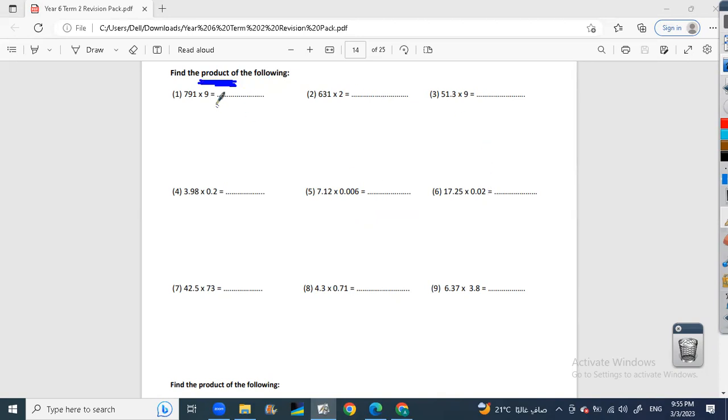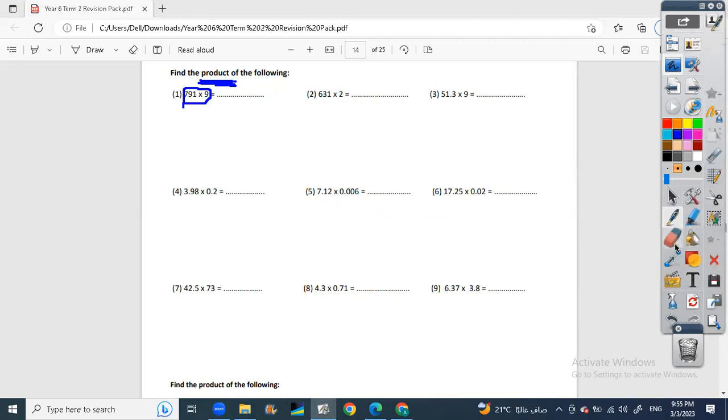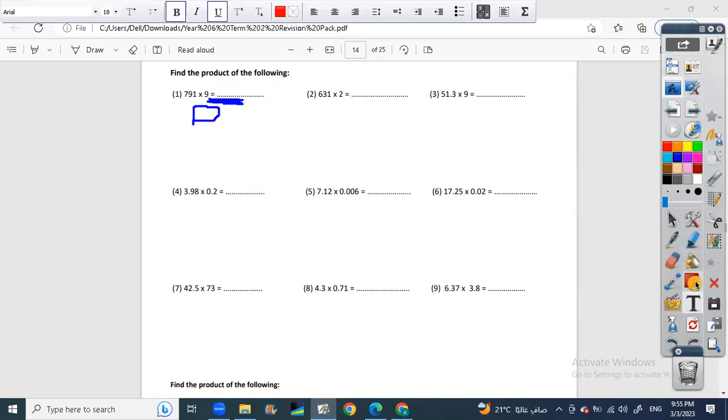All right, so if I want to multiply, I guess you guys just know how to multiply this easily, but I'm going to take another question that might be a little bit confusing to you, which is 7.12 times 0.006. How, Mr., would we multiply 3 digits by 4 digits? That is definitely going to be so confusing and complicated, Mr. No, it is actually very easy. How can we do it?